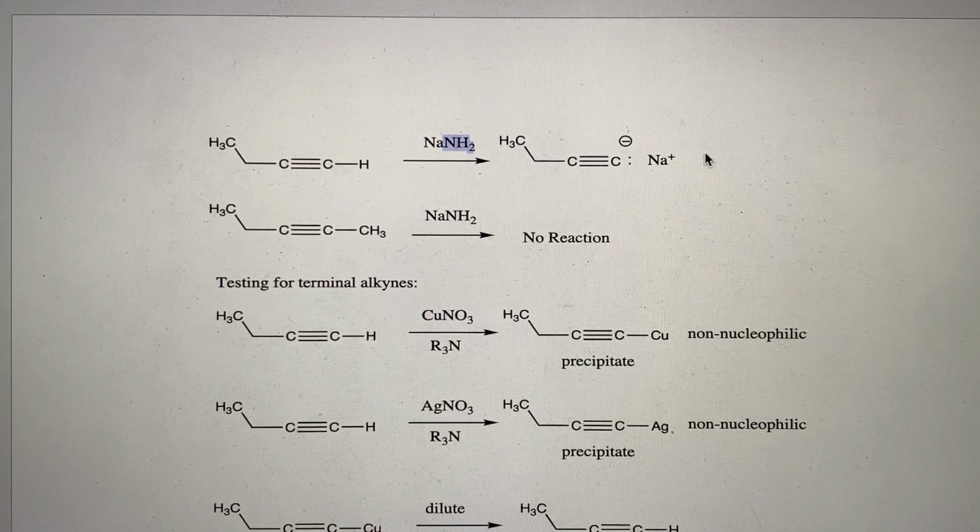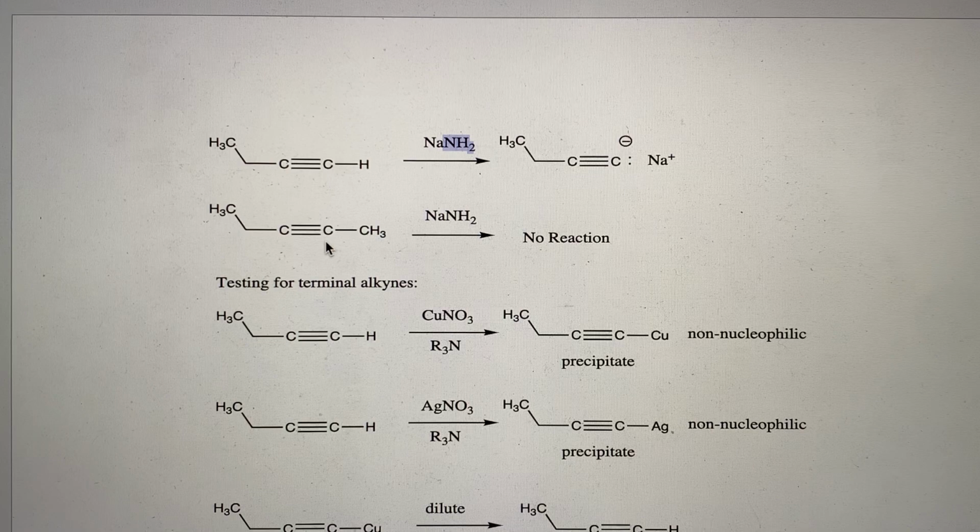The byproduct will be ammonia, NH3, leaving us with the C minus. That's what we call an alkynide ion, and sodium plus. Your byproduct NH3 will evaporate from the solution.